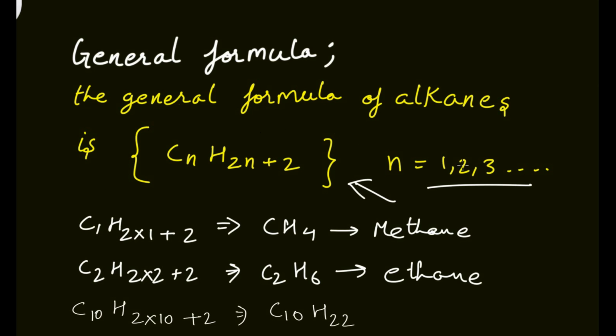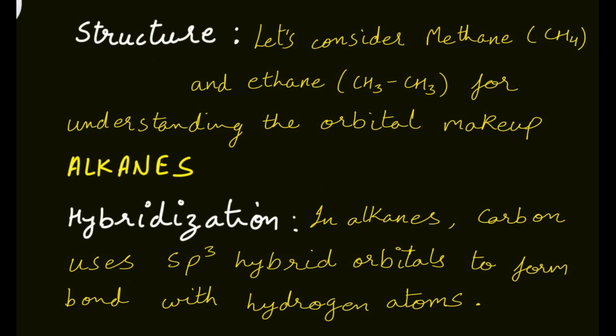Alright, now let's talk about the structure. To understand the structure, we will consider two examples, methane and ethane. That is, to understand the orbital makeup of the compounds, alkanes. What do you mean by orbital makeups? How the orbitals of carbon are arranged in space so as to form the molecules, right? Now before we go for the structures, you should know about the definition of hybridization.